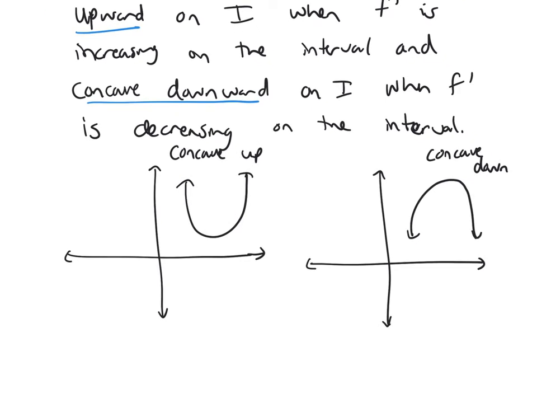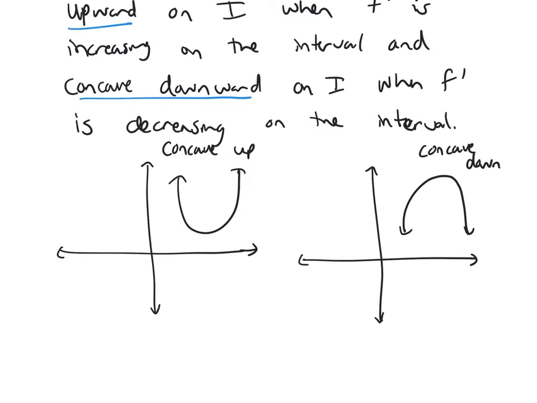What I want you to do is think about the tangent lines on these graphs at any given point. So if I take a point here and draw the tangent line, there's my tangent line. Here is my tangent line. Here is my tangent line. Notice that your function f lies above all of its tangent lines.